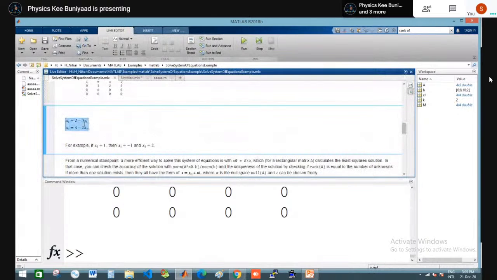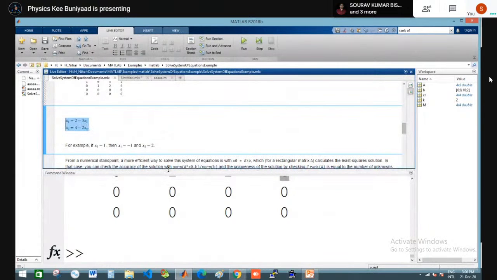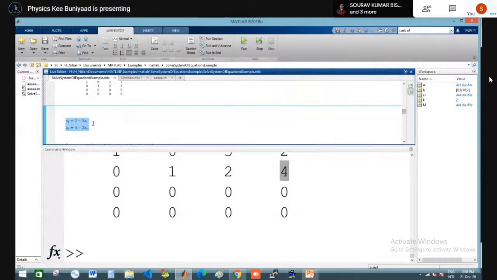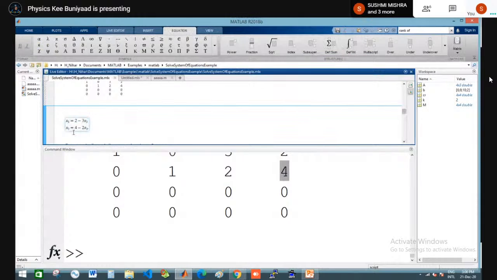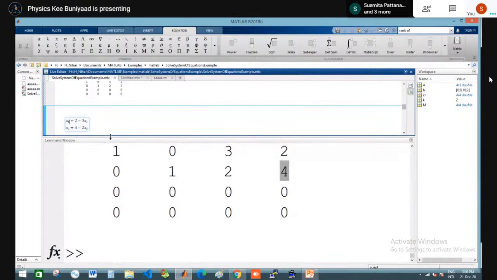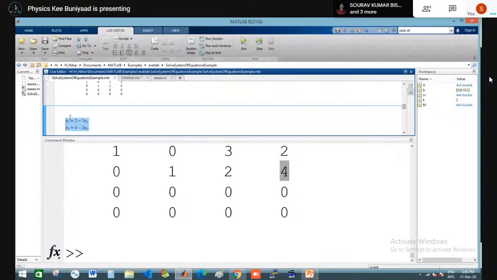You will get the first equation. Is it visible to you? x1 equal to 2 minus 3x3, x2 equal to 4 minus 2x3. Sir, is it visible? No, this is not visible, but we can understand that x1 is equal to 2 minus 3x3.